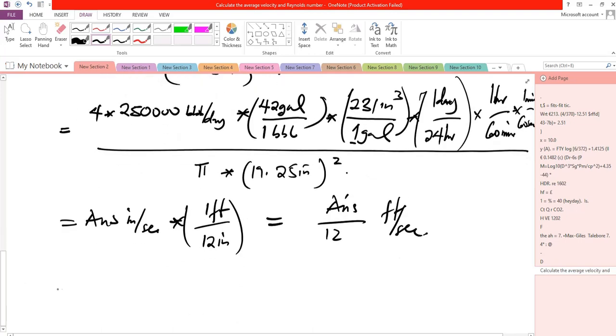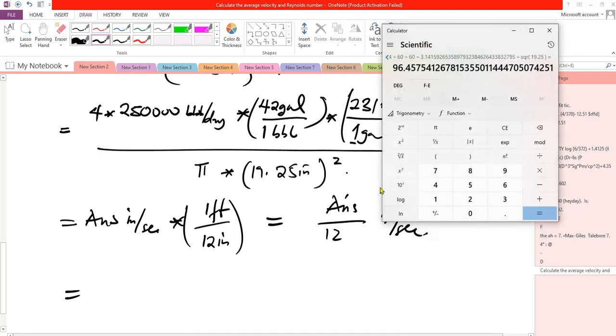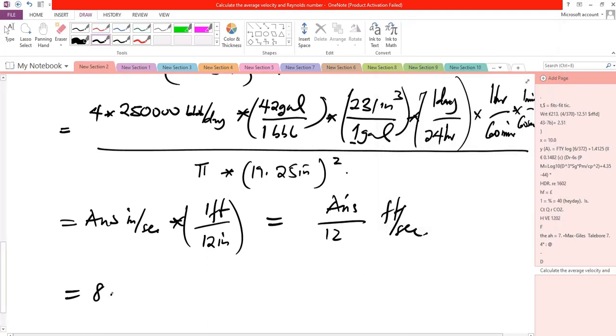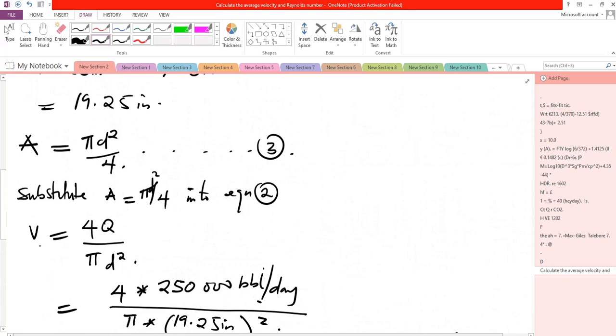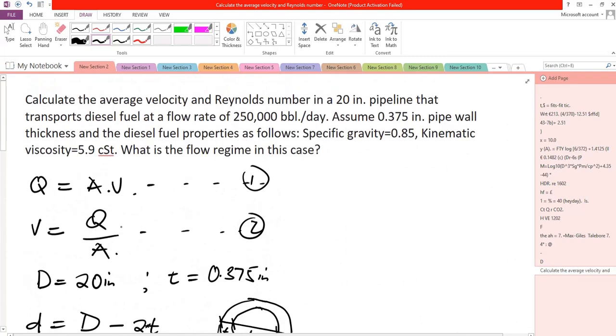So dividing this answer by 12, my answer should be 8.038 feet per second. This is the average velocity.